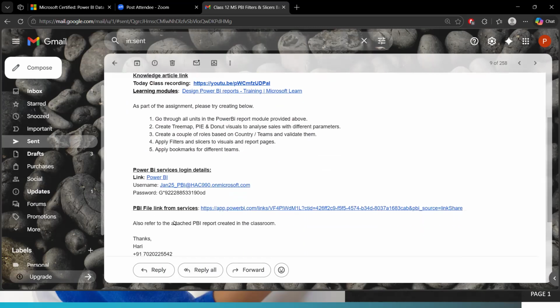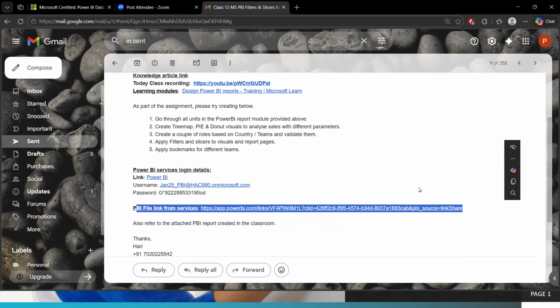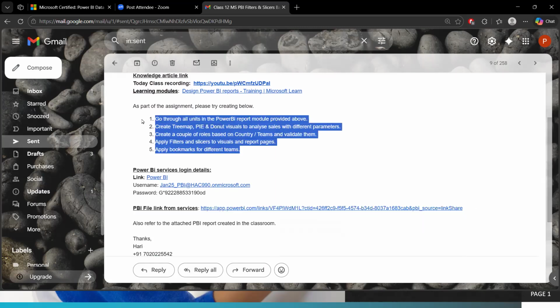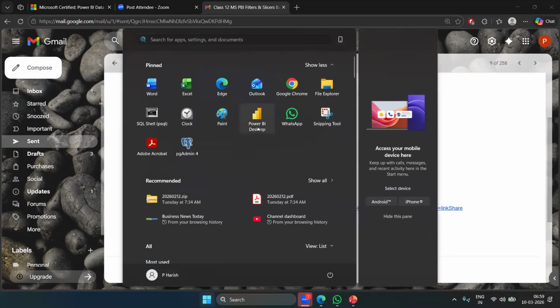Then I'm going to share whatever work we have done, and at the same time some kind of simple task that requires you to be completed before coming to the next class. So the benefit of this is the next classes would be easier for you, right? And let me show you the simple UI of Power BI also.